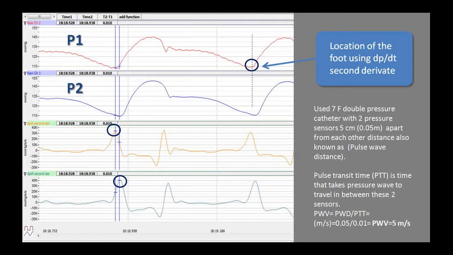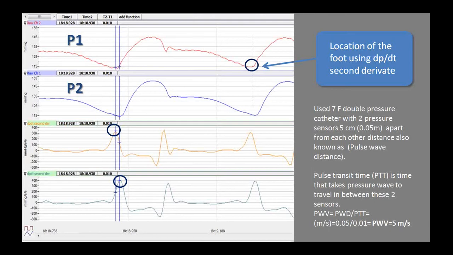On the next slide is the measurement of aortic pressure from the experiment. The first row shows the measurement using P1, pressure sensor 1. The second row shows P2, aortic pressure 2. The third row shows the second derivative of dP/dt of pressure 1. The fourth row is the second derivative of P2. To locate the foot of the wave, I have used the second derivative of dP/dt from the aortic pressure.